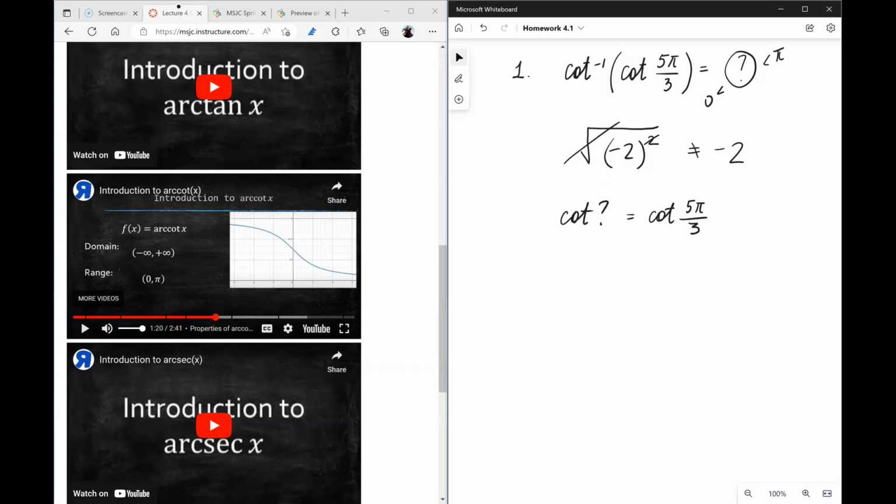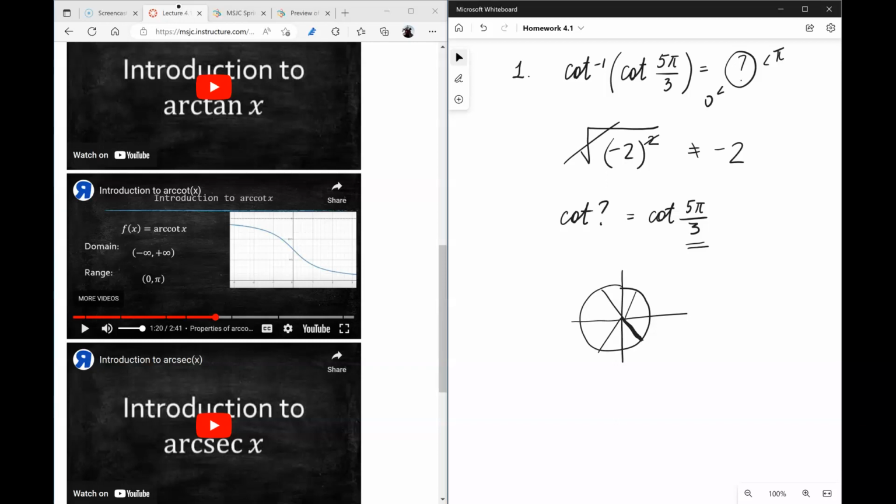And it's just a matter, I guess, of understanding what this angle is. So let's just sketch a quick unit circle, or just a circle. Where's 5 pi over 3? This is pi over 3, 2 pi over 3, 3 pi over 3, 4 pi over 3, 5 pi over 3, right here. So you see how 5 pi over 3 is right over here.